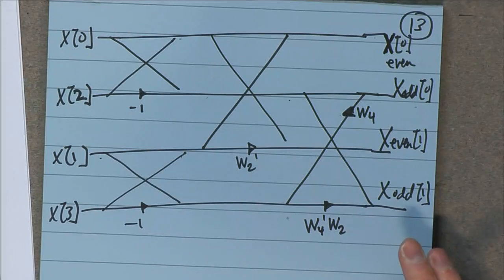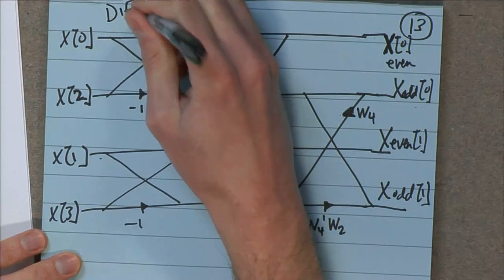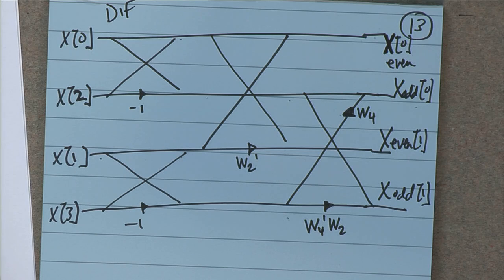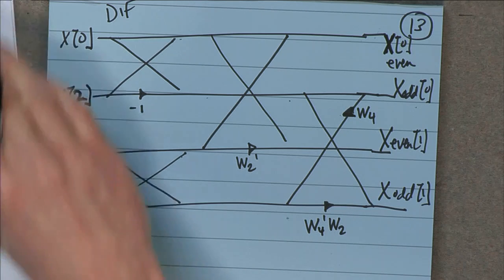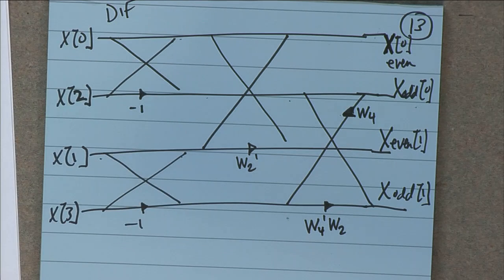And we ended up with basically the same thing for the decimation in frequency. So it kind of begs a few questions, like why bother having a decimation in time and a decimation in frequency if they apparently have the same complex number of operations and they apparently do the same thing? Well, the only advantages are if you look at the inputs and outputs, how they're arranged.